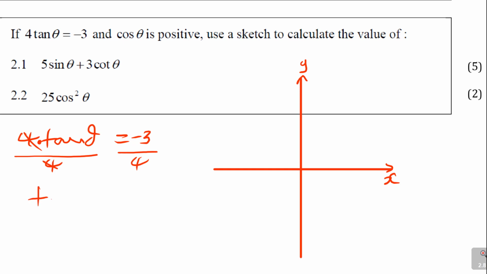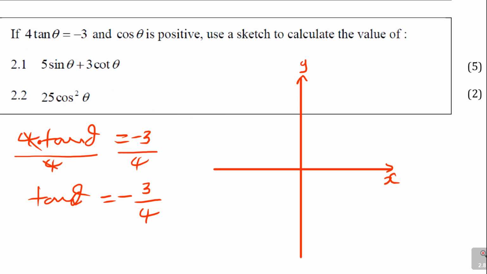See, then it gives me tan theta is equal to, now it's negative 3 over 4. Now be careful, don't say the negative belongs to 3. It's fine to say that, but you need to prove it well. You need to be sure, because the negative can belong to 3, it can belong to 4.